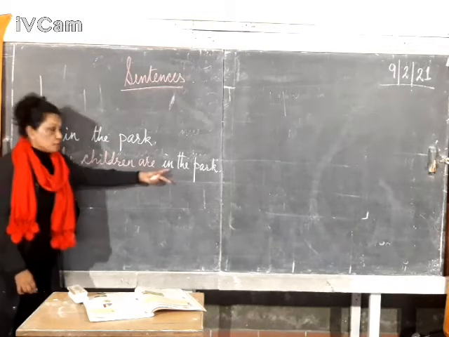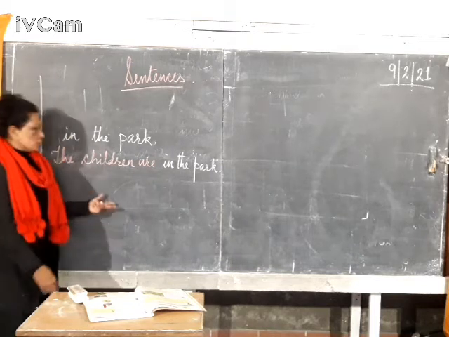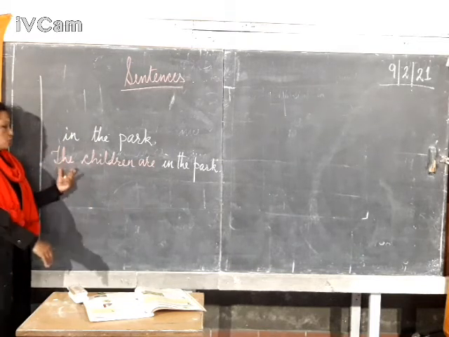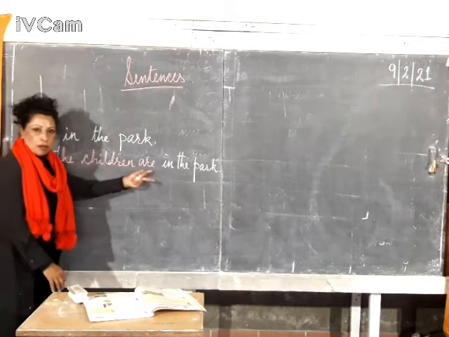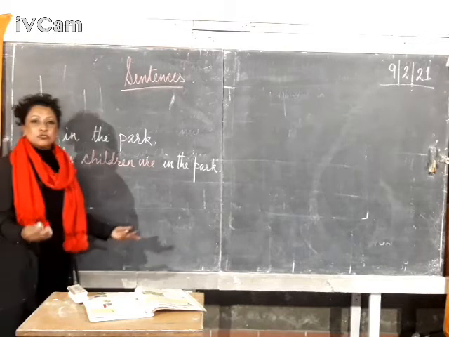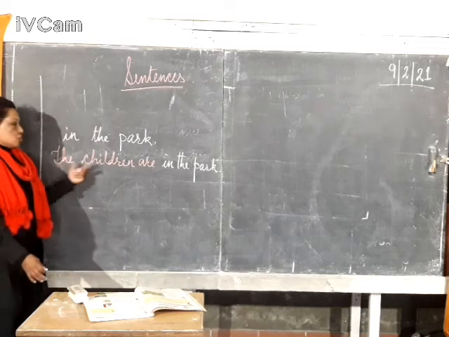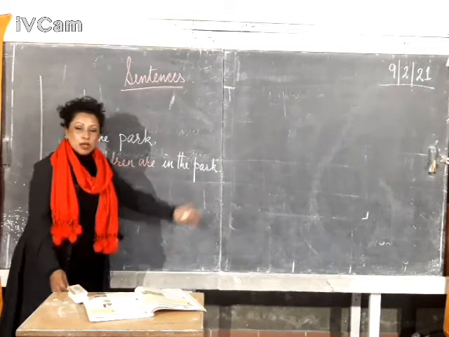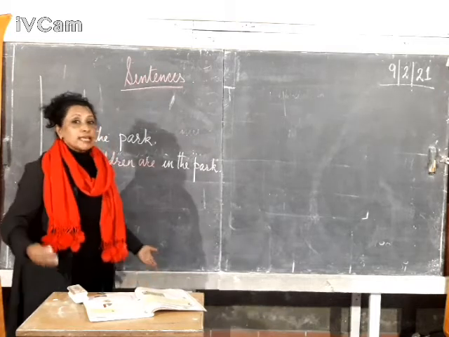Now, in the park was already there, so you did not understand anything. Only partly you understood. So, what did I do? I added a few words again. I added the, children and are. These are a few more words to make you understand fully. Okay. So, when I say, The children are in the park, now can you understand what I'm trying to say? Yes, you understand it completely.